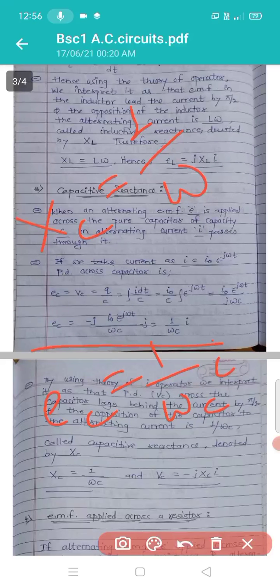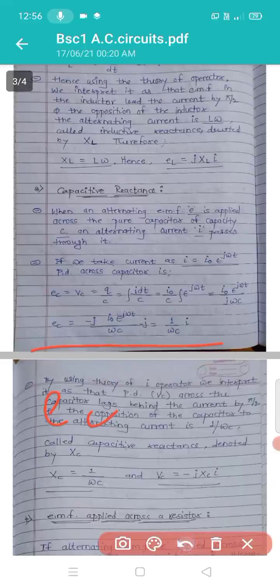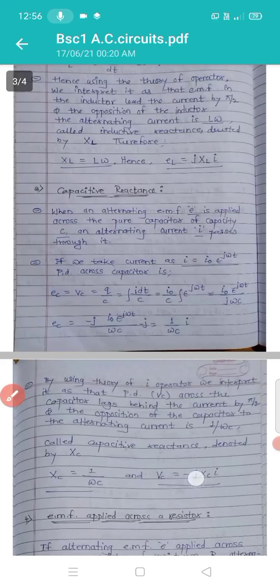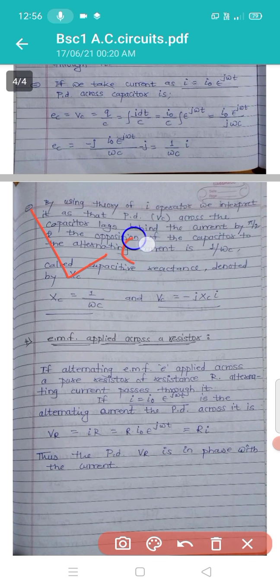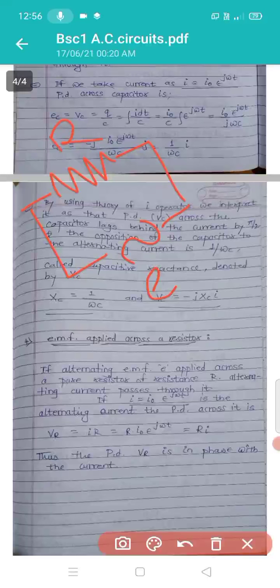Then the next part is EMF applied across a resistor. In the circuit, an alternating EMF is given to a resistor R. If the alternating EMF is applied across a pure resistor of resistance R, an alternating current passes through it.